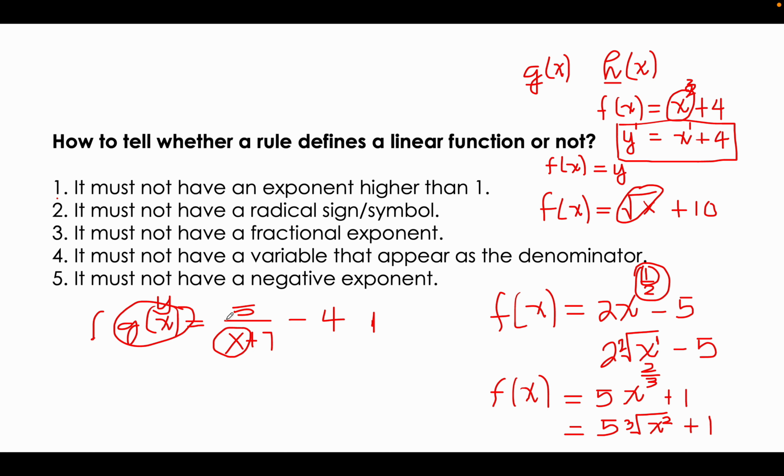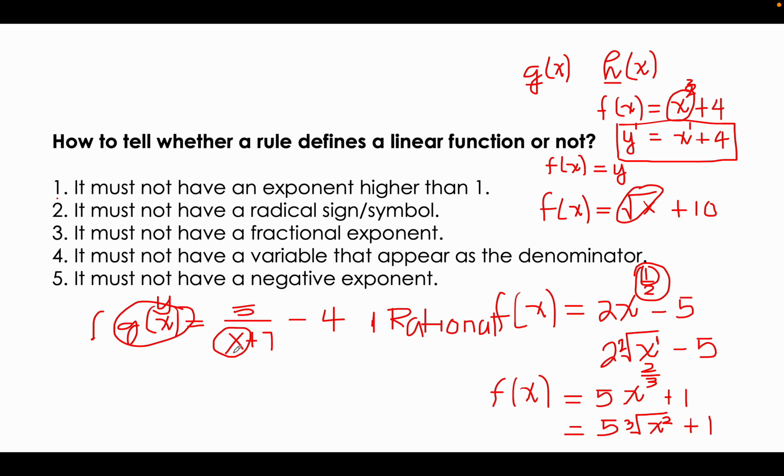So, in number 4, when a variable appears as the denominator, it is called a rational function. R-A-T-I-O-N-A-L. Okay? A rational function. Nasa form siya ng A over B. Okay? So automatically, this is not a linear function. So that's it. And then, let's proceed to number 5.